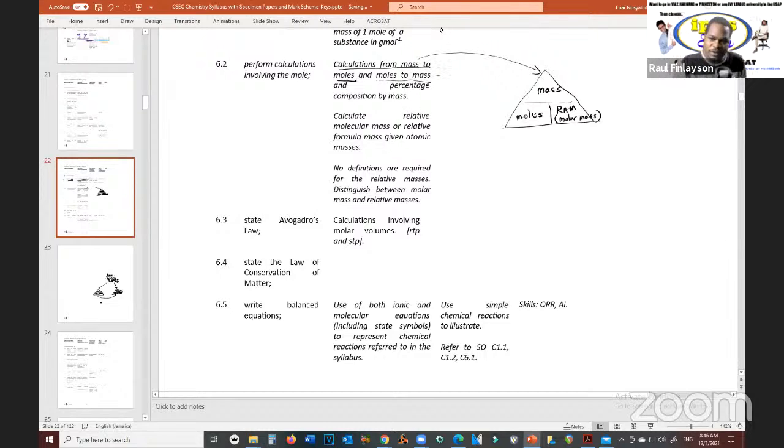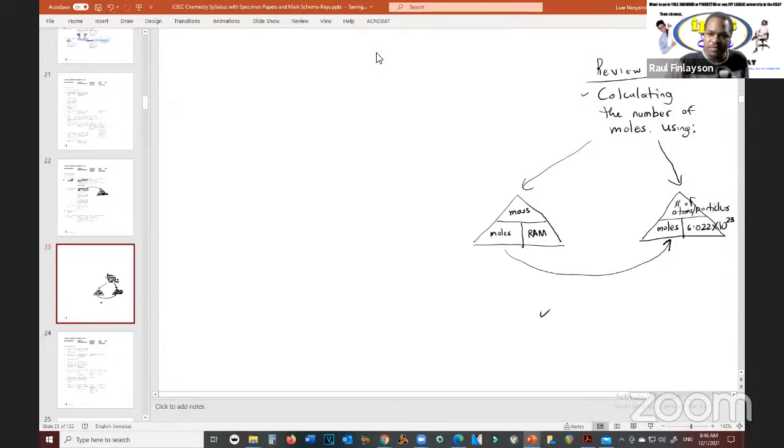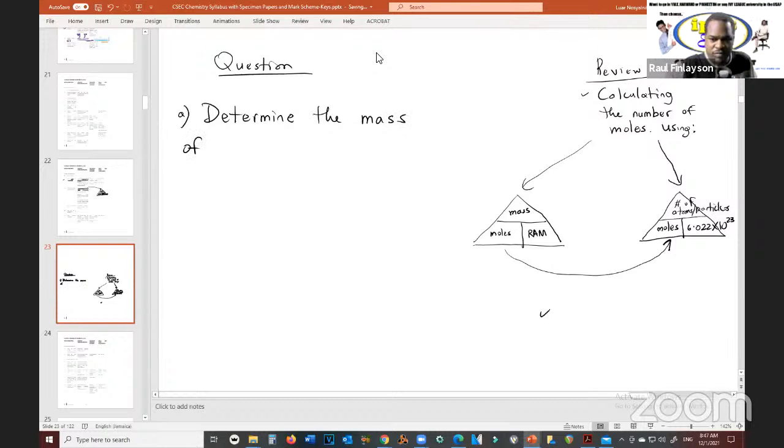Let me give you an example. A question could ask you: determine the mass of 1.5 moles of calcium metal.